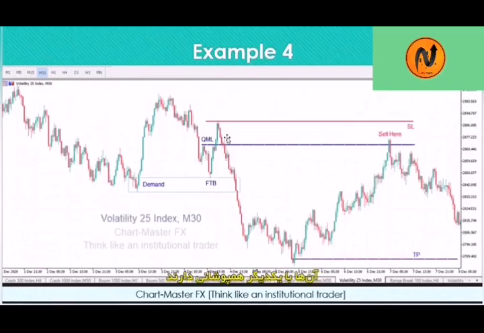So you have to look at that, and you also need to understand what we mean by momentum shift. Those who don't have an idea of momentum shift, you must join our Telegram group and join the Chartmaster FX community.